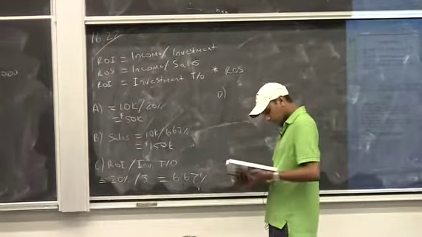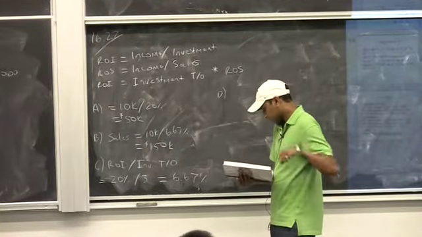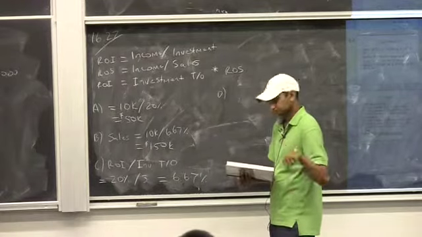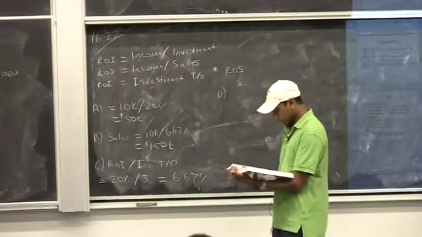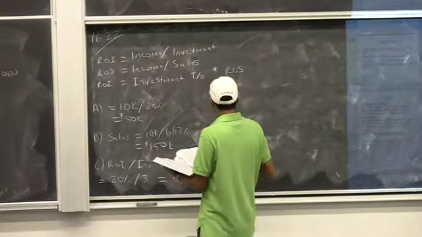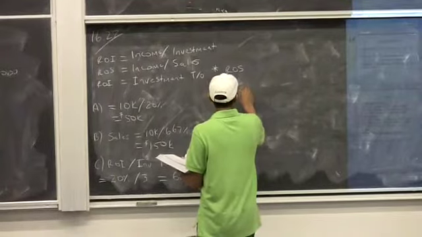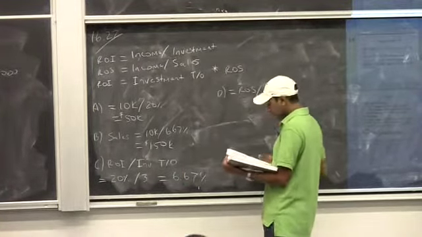So D is return on sales. No, sorry. D is income. So how can you figure out D? You got your return on sales, right? Divided by what? Or multiplied?